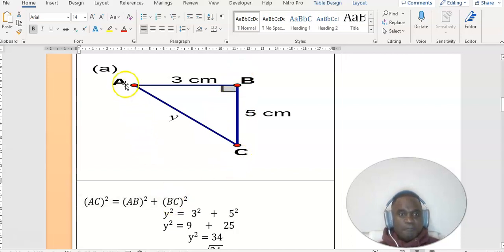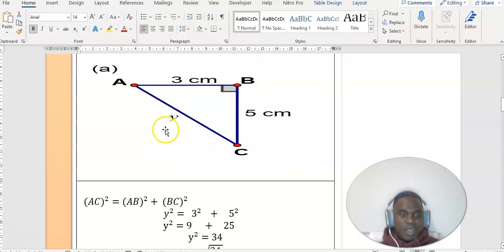Let me repeat. He said AC squared, that is the hypotenuse squared, should be equal to AB squared plus BC squared.